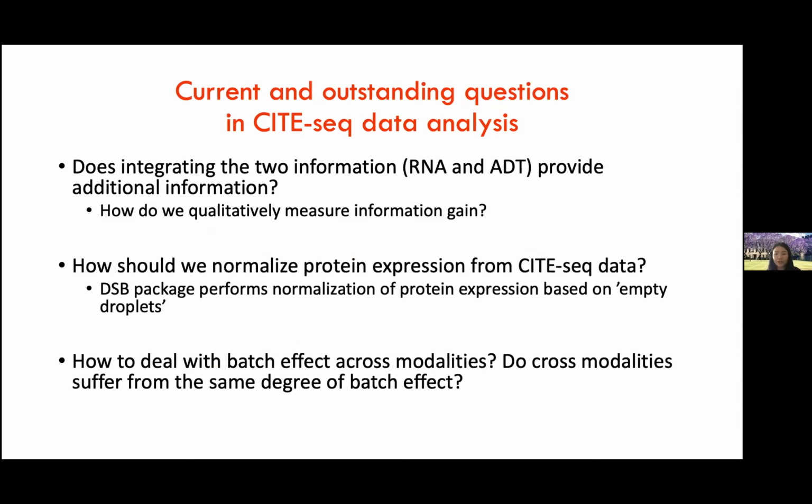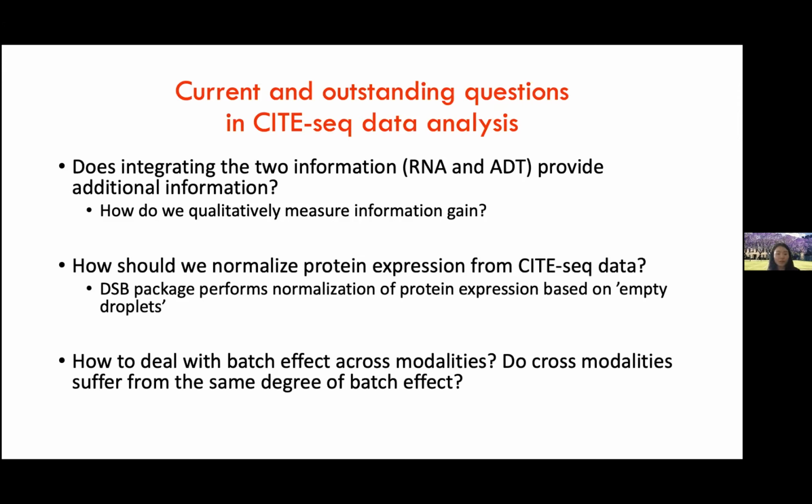There is a package called DSB that performs the normalization of protein expression based on the empty droplets, and we are trying to incorporate this procedure in our CiteFuse package. Also, how to deal with the batch effects across the modalities, and do the modalities suffer from the same degree of batch effect?